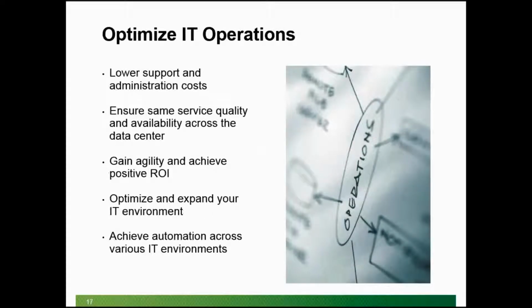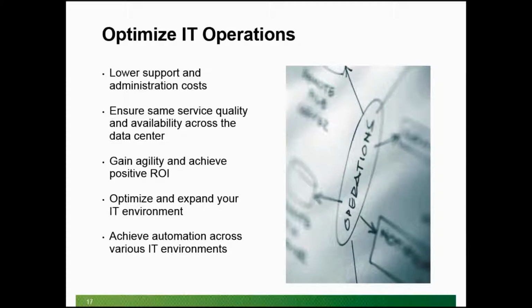So on the next slide, we are talking again about the overall benefits of doing systems management to optimize your IT operations. So think about lowering support and administration costs.